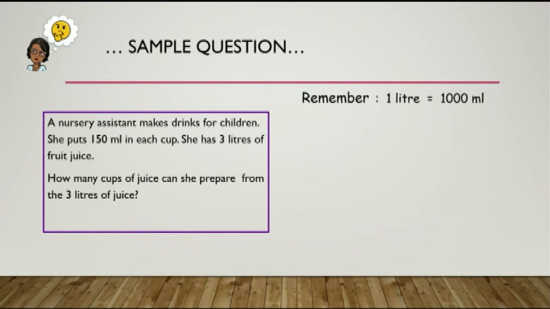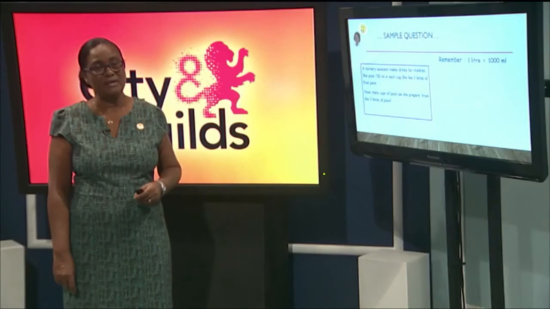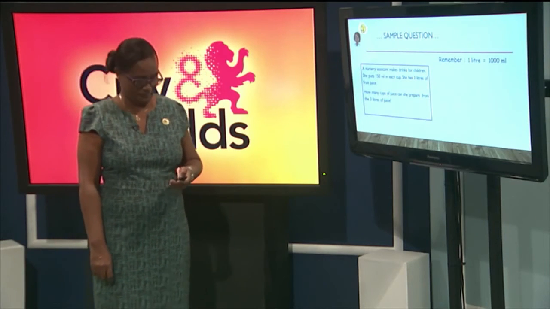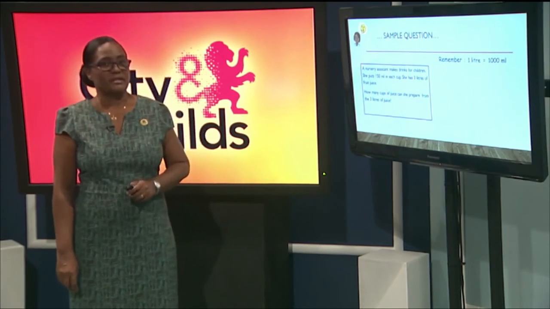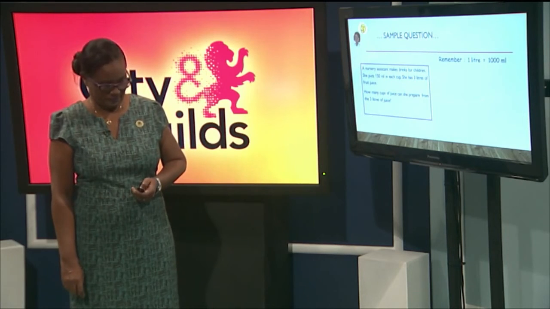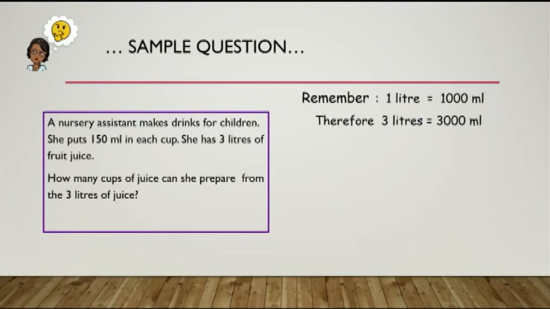You will not get the conversion in the exam, or you may, but most times it's not there. You will have to remember, and you will have to go through it on the table as we did yesterday, or use another method. So 3 liters would be 3 times 1,000, which would be 3,000.